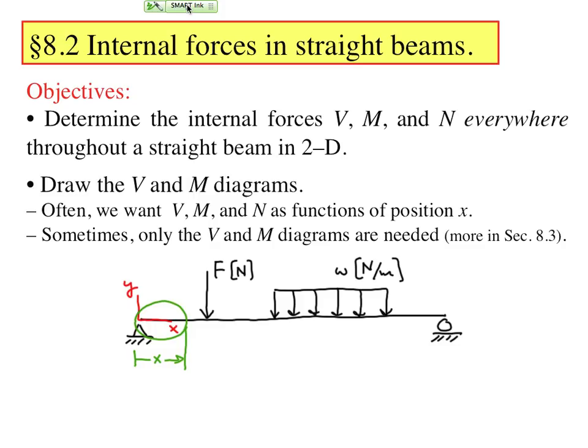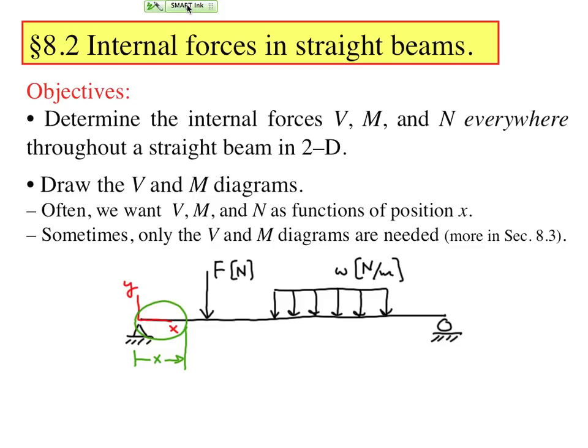Whenever there is a sudden change in the nature of the loading as we move along the beam, we need a new set of free body diagrams to capture this change. In the illustration sketched here, we actually need 4 sets of free body diagrams.